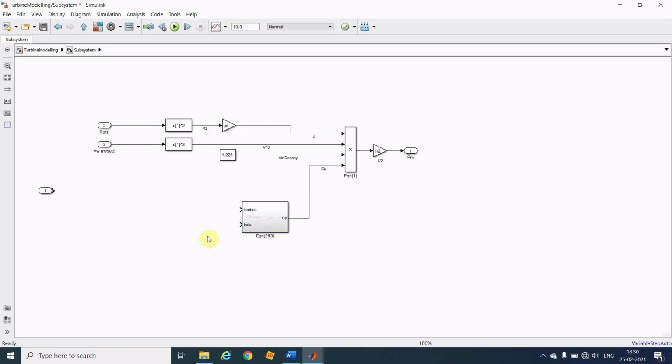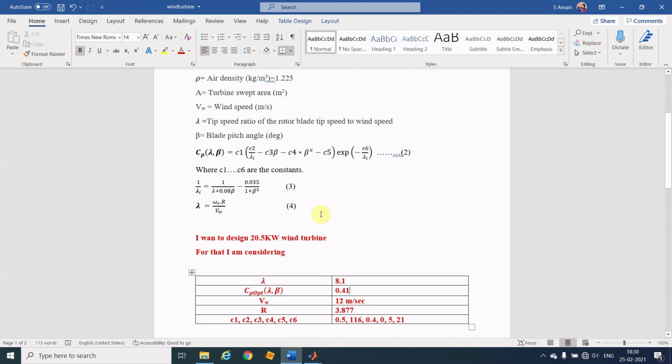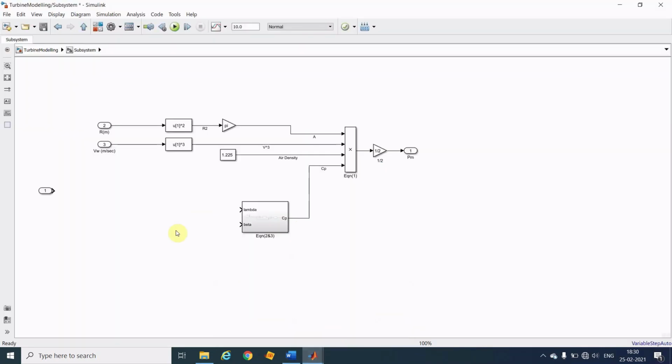Okay, so now how we will generate lambda. What is the equation for lambda? Omega r by v. For that we will use a product, and we will require omega r, that is generator speed.